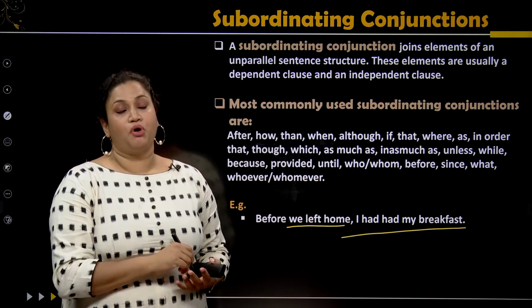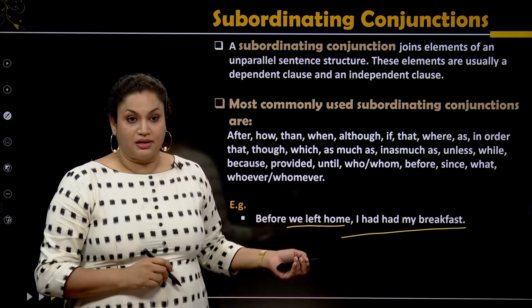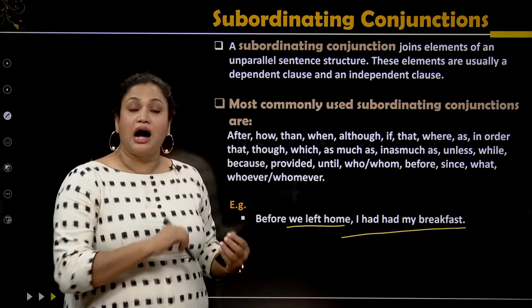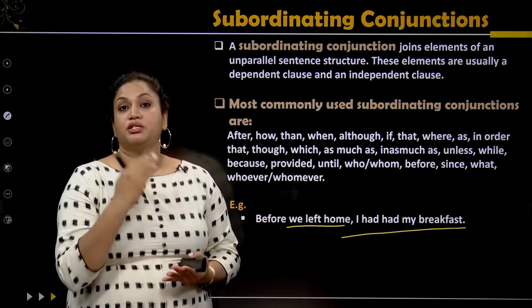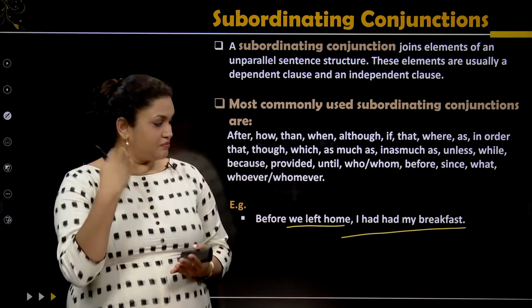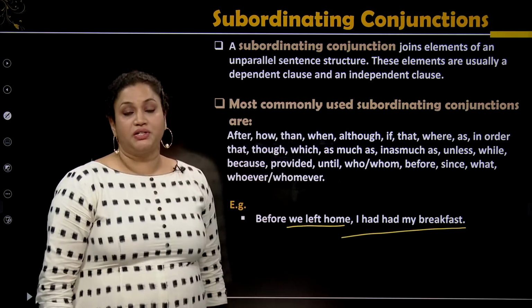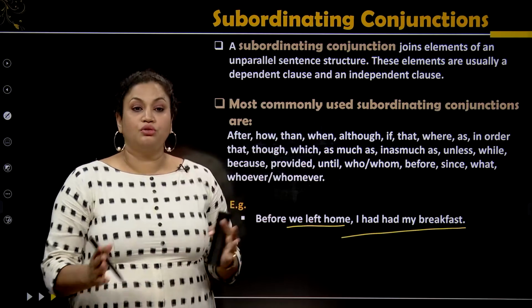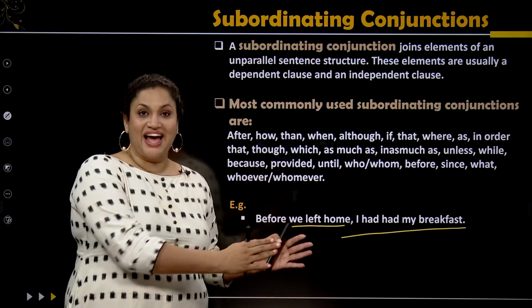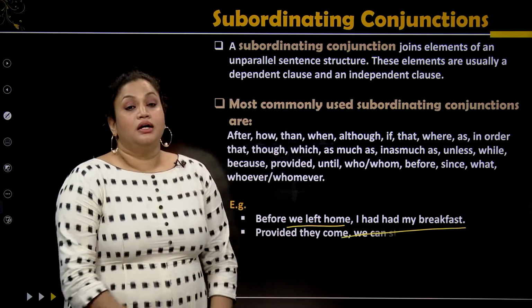And once this is a dependent sentence, the independent clause should always follow after a comma. So this is how the subordinating conjunctions are used. Basically, these words are used to attach a dependent sentence with an independent sentence.